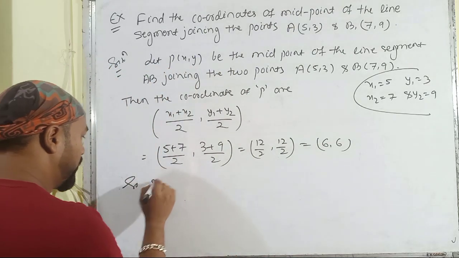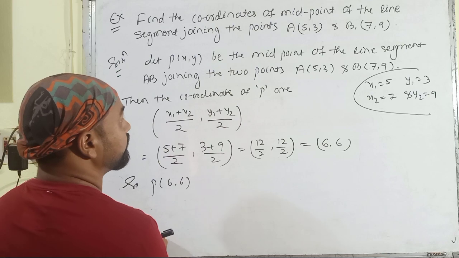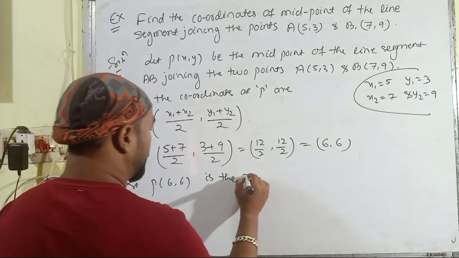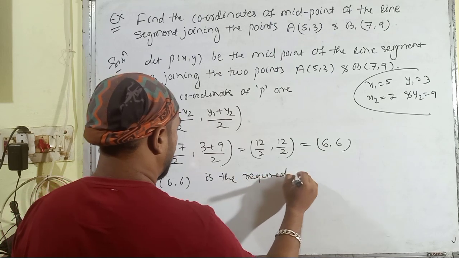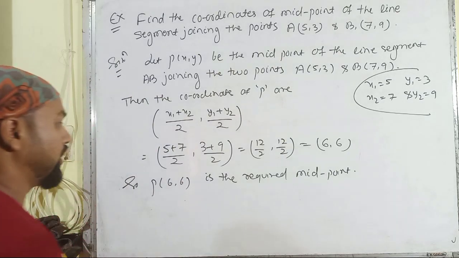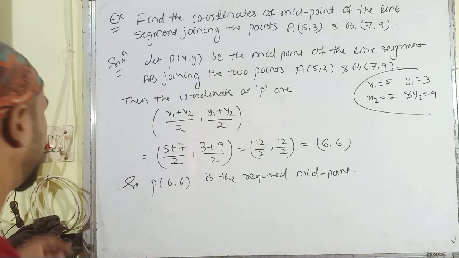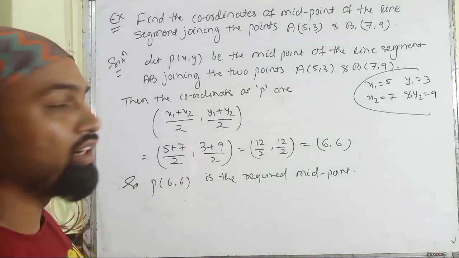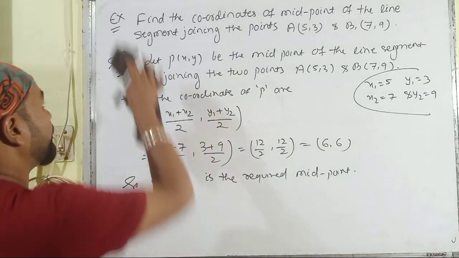So P(6, 6) is the required midpoint, and here it is the solution of the given problem. Then let us move to some more fundamentals based upon the internal division.